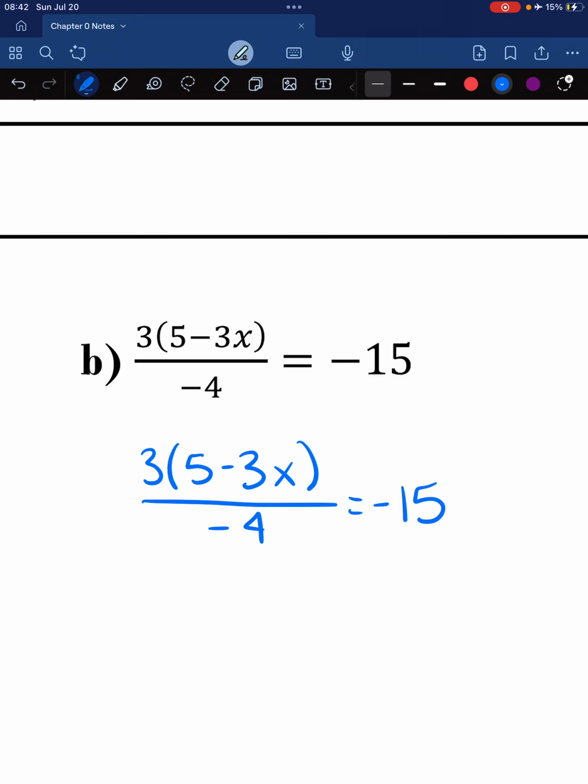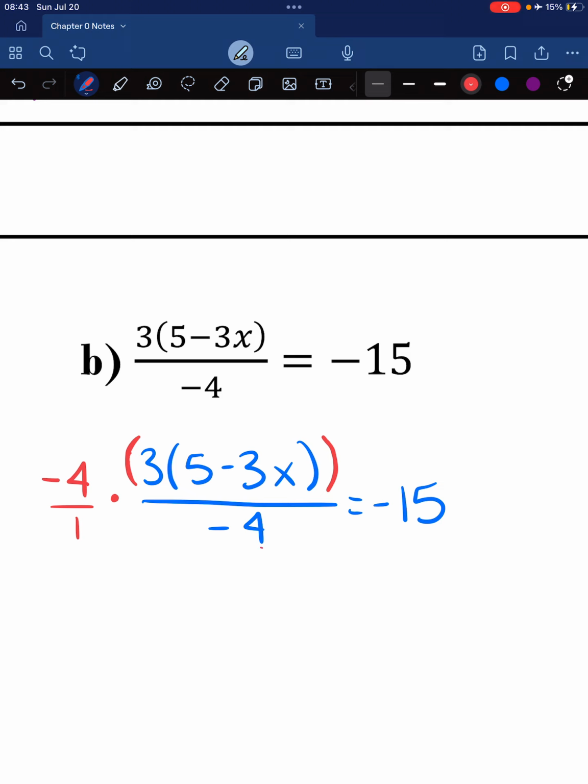Alrighty, so I probably want to get rid of this fraction first, right? Especially since this is almost like grouped. We talked about the fact that a numerator is kind of like a grouping symbol. So I can get rid of this -4 that's on the outside of that group by multiplying both sides by -4.